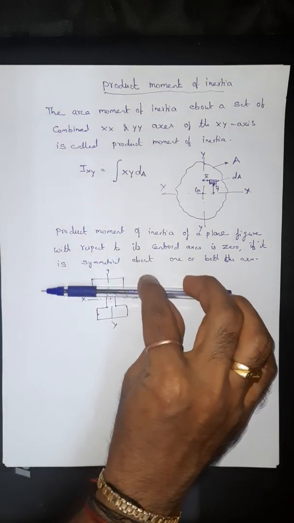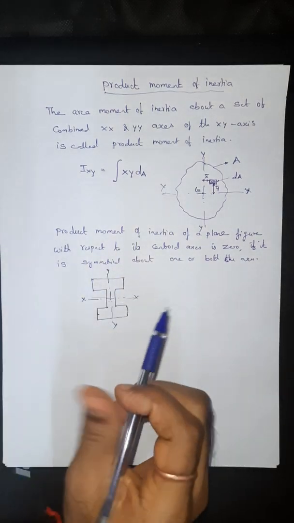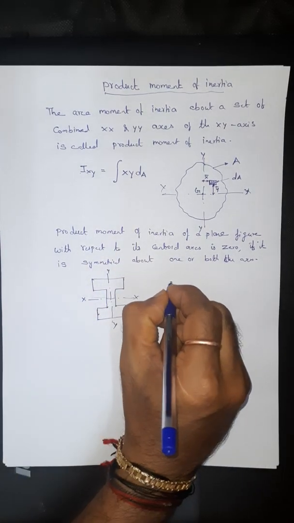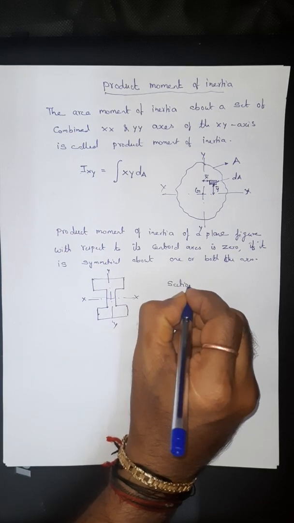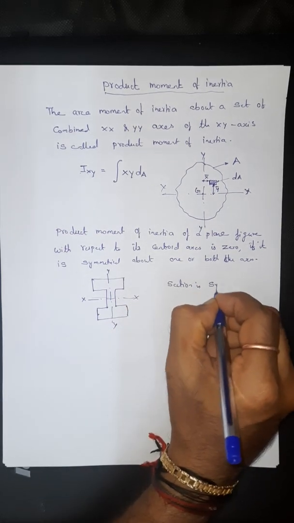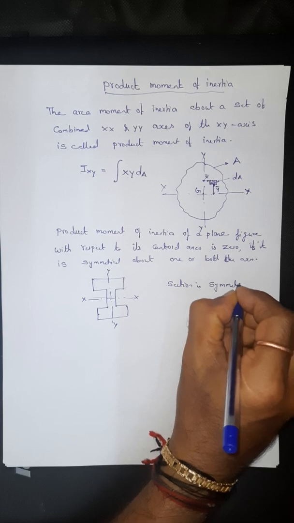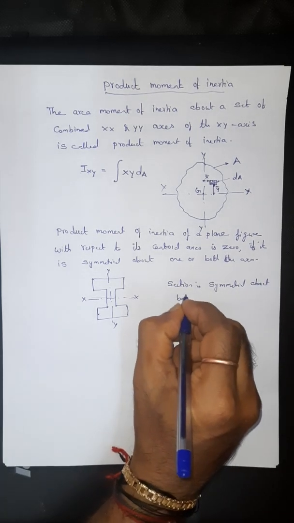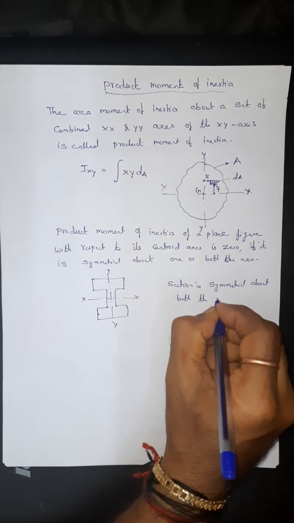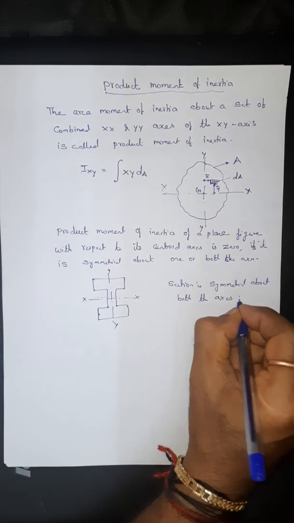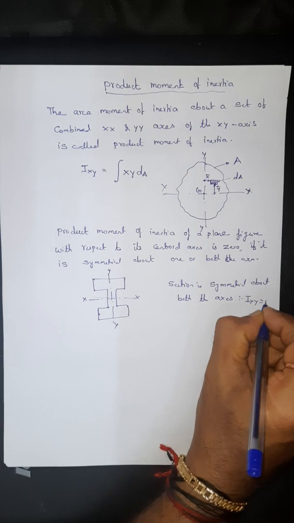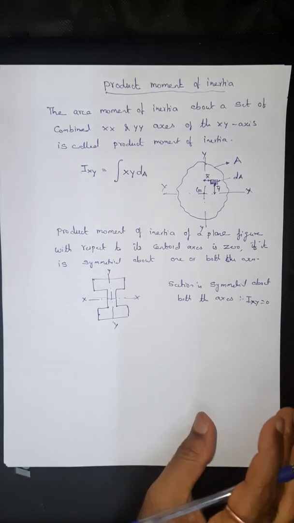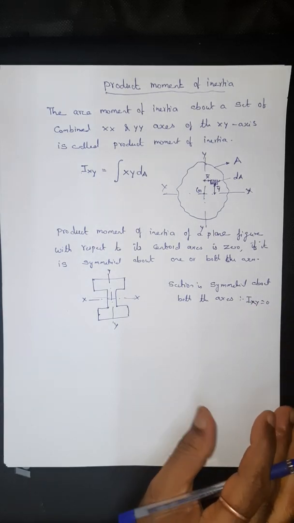If you consider xx, it's a mirror image. Therefore, here the section is symmetrical about both the axes, right? Therefore, Ixy, that is the product moment of inertia, is equal to 0.